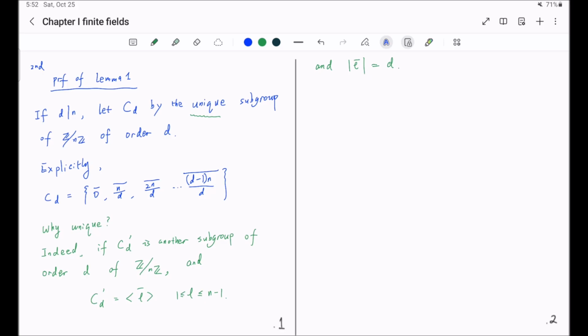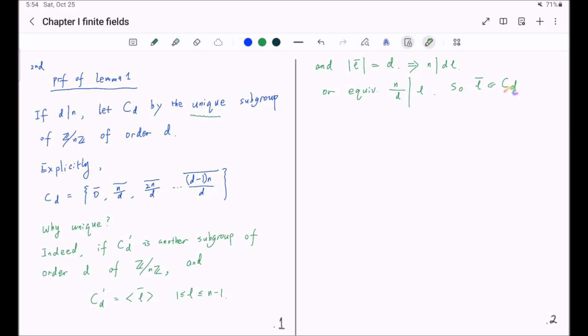What does this mean? This means n must divide d times l. Namely, the d multiple of l must be divisible by n. Or equivalently, n divided by d must divide l. Therefore, this l must be a multiple of n divided by d. So l must live in C_d as well. So l bar must also be in C_d.